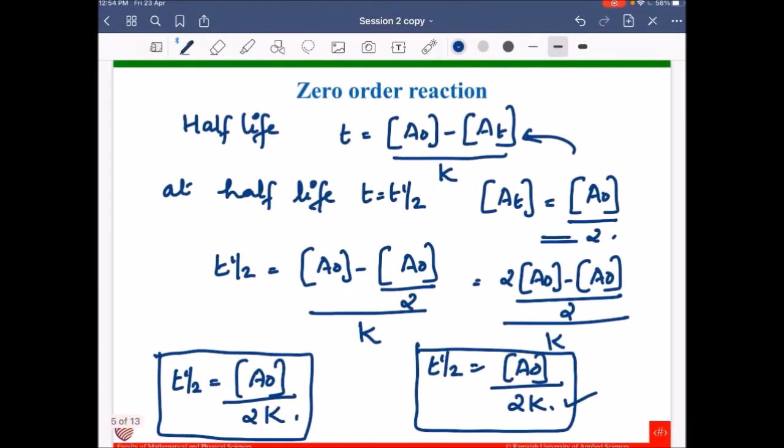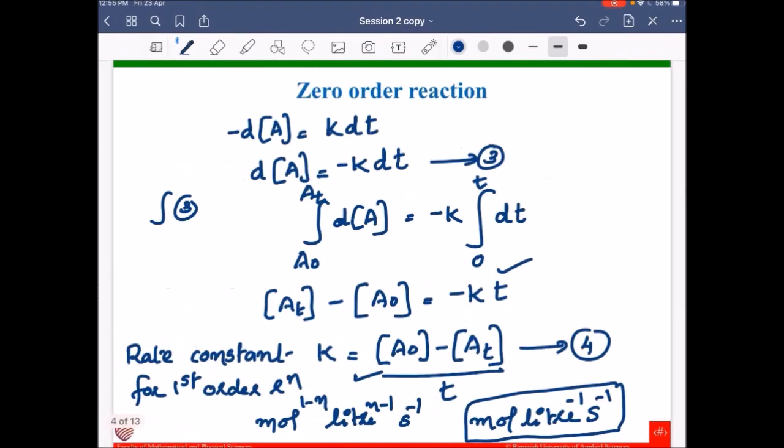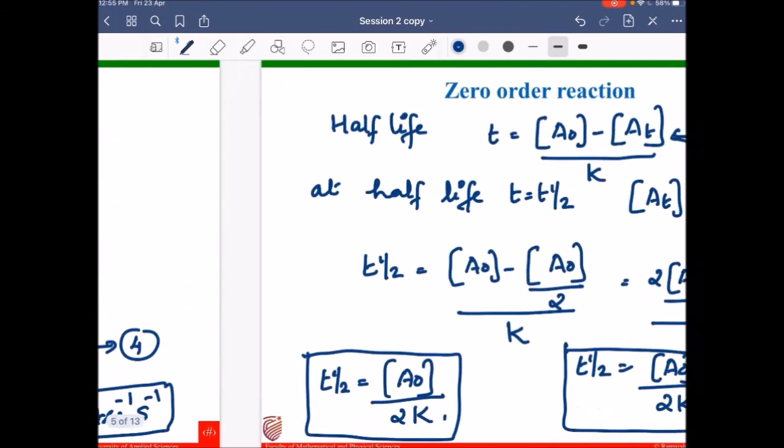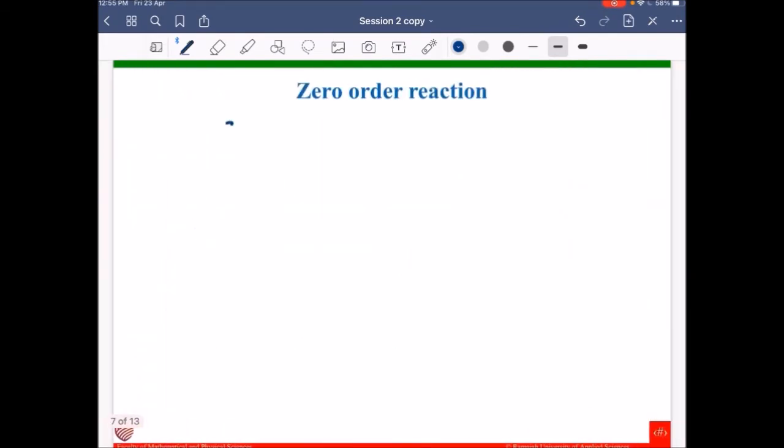Zero order reaction equation we have already derived. So the equation was At minus A0 equal to minus kt. So I'm writing that equation.